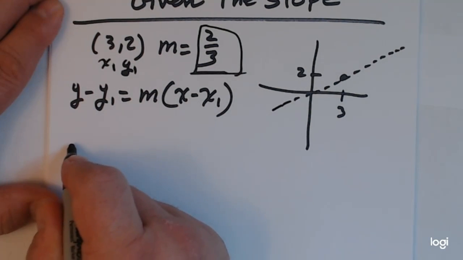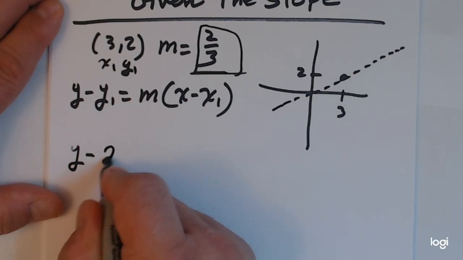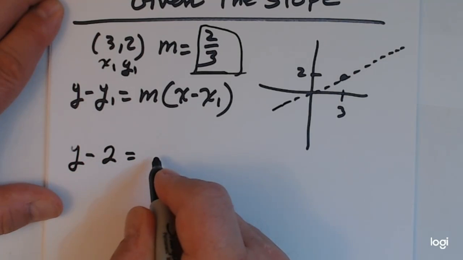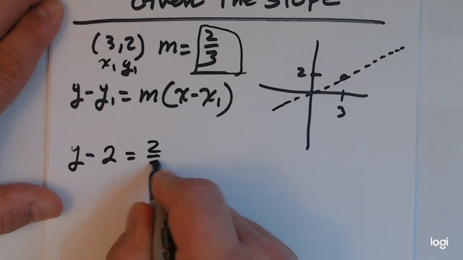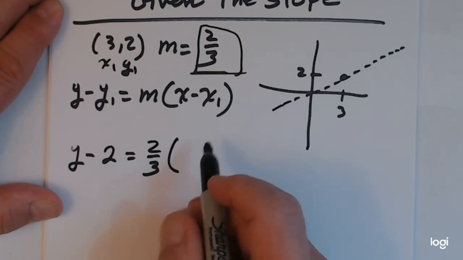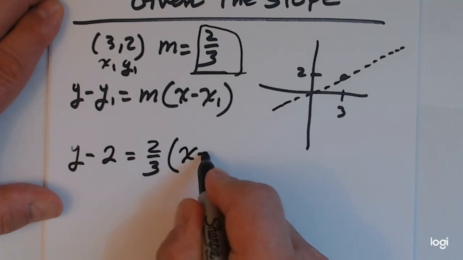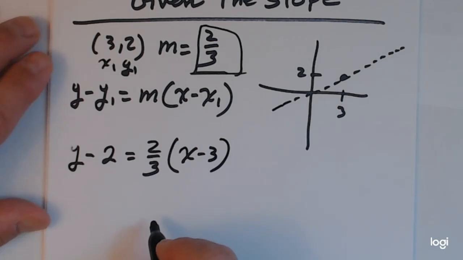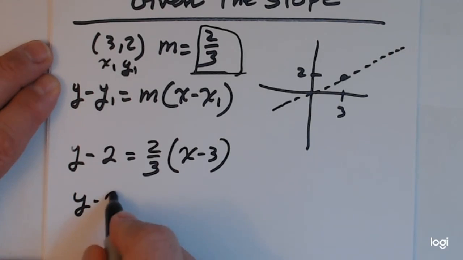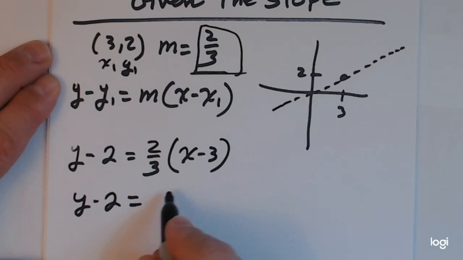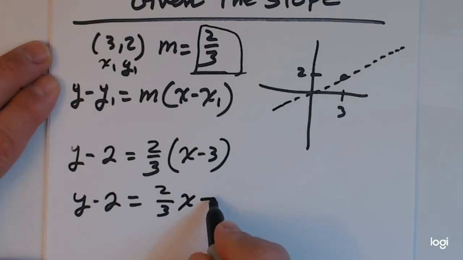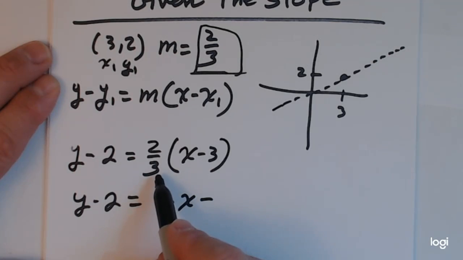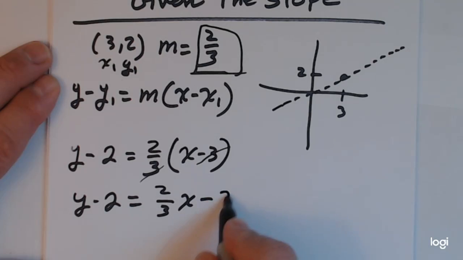We have y minus 2 is equal to the slope, which is 2/3, times x minus x sub 1, so it's x minus 3. So we have y minus 2 is equal to, we're going to expand this on the right side, distribute the 2/3: 2/3 x minus, well, when we multiply 2/3 times 3, the 3's cancel and we're left with 2.